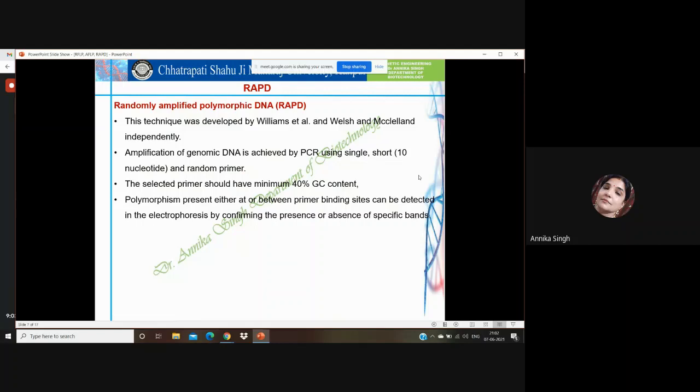This technique was first developed by Williams et al. and Welsh and McClelland independently. So they separately developed this technique. And the PCR technique itself, I hope you know, was developed by Kary Mullis in 1983.